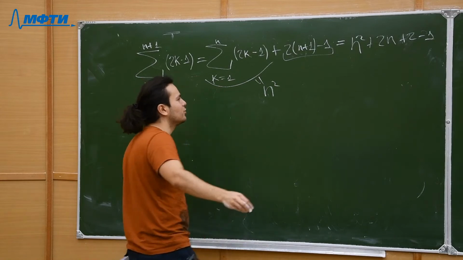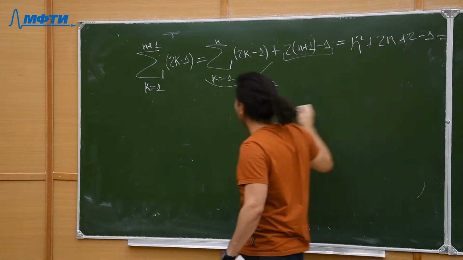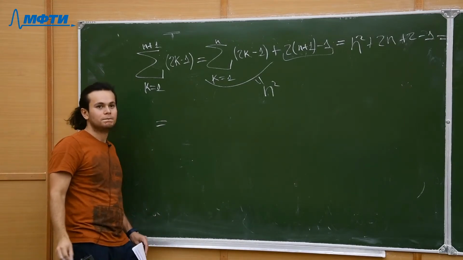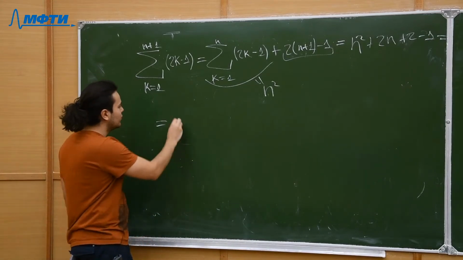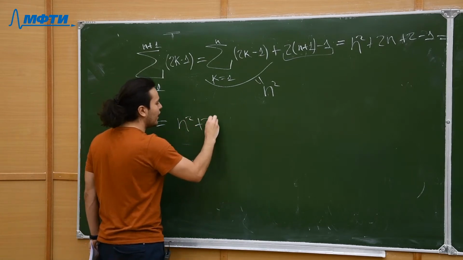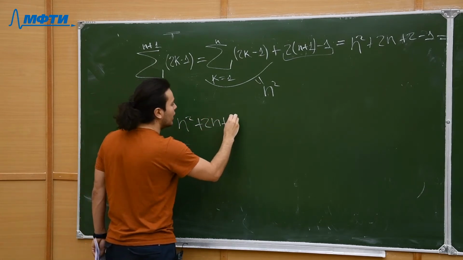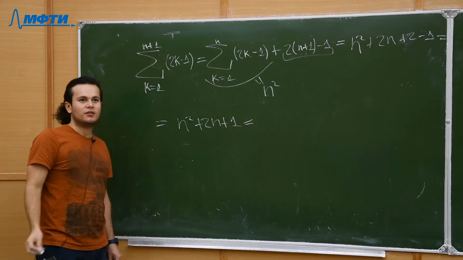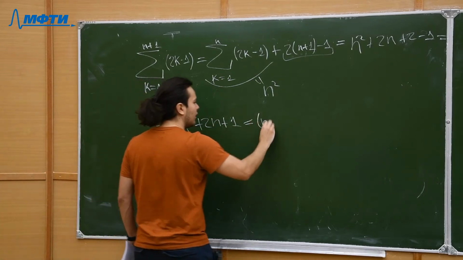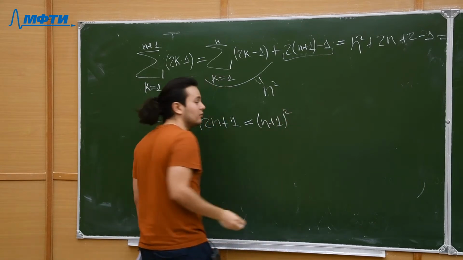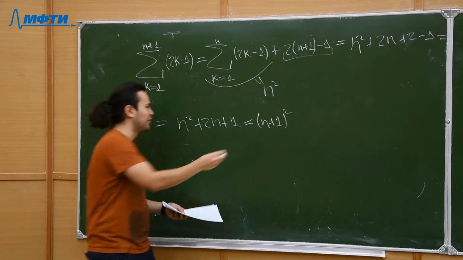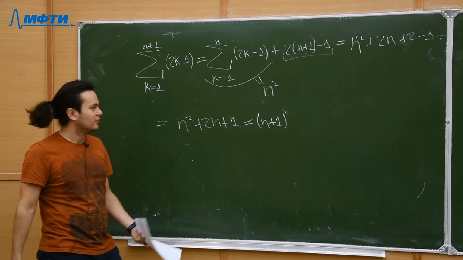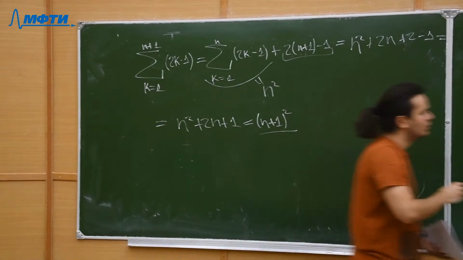And this is equal to what? So this is n squared plus 2n plus 1 that we can write just like (n plus 1) squared, right? You should know this. So this is equal to this. So it holds, it's true.